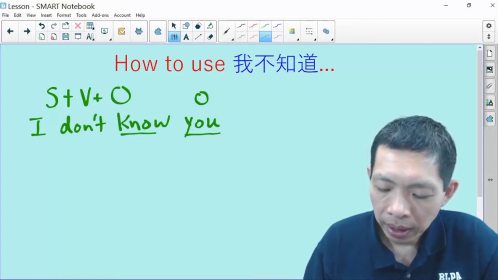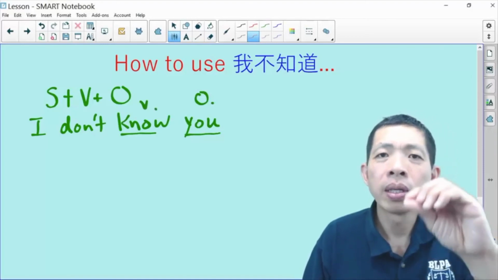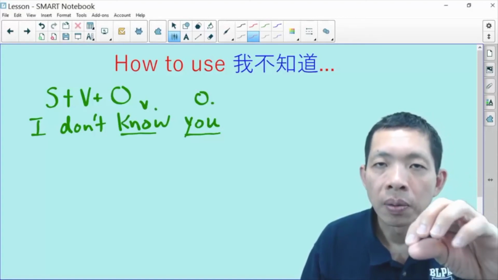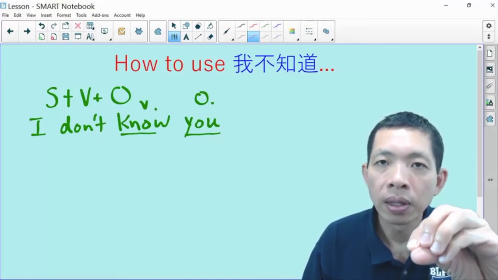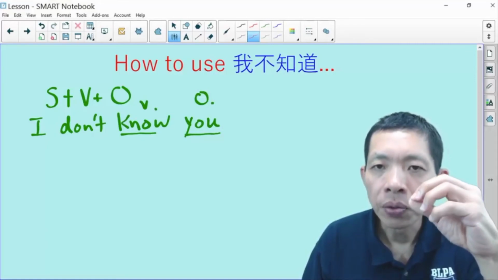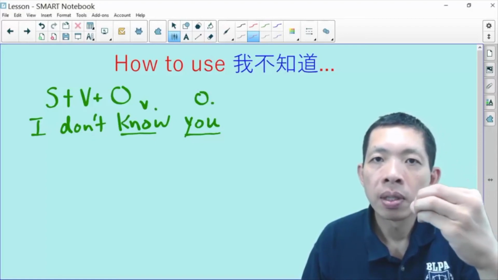Now the object could be a clause, called a noun clause.